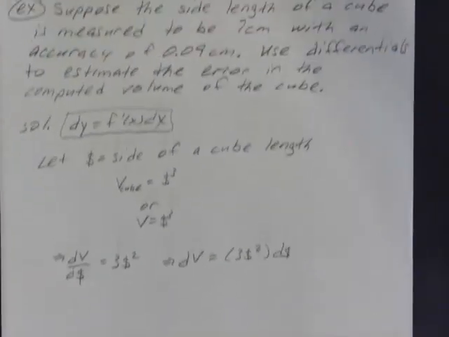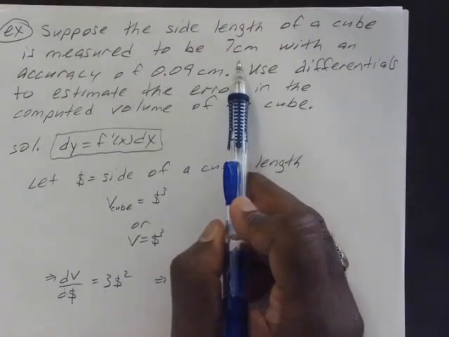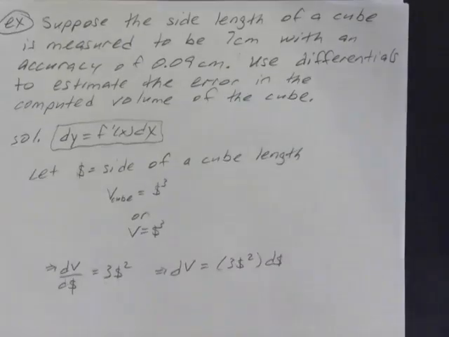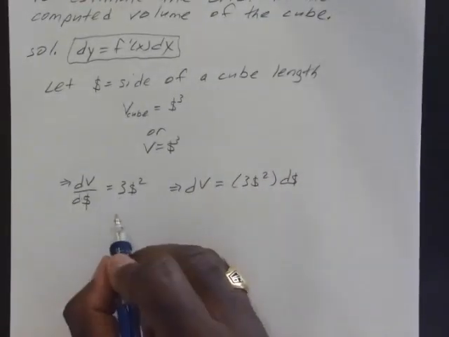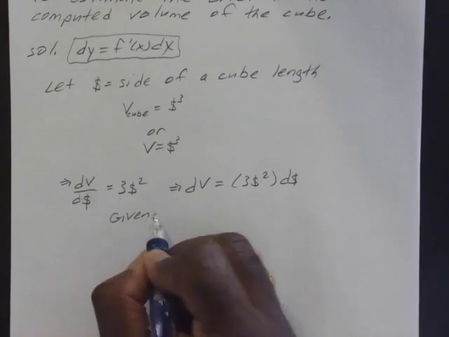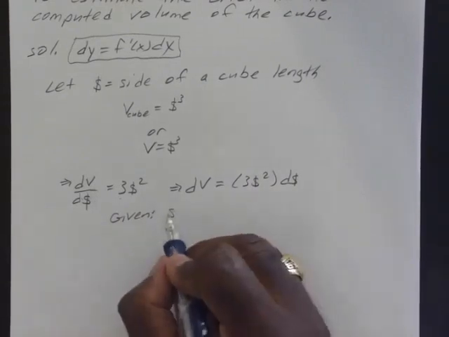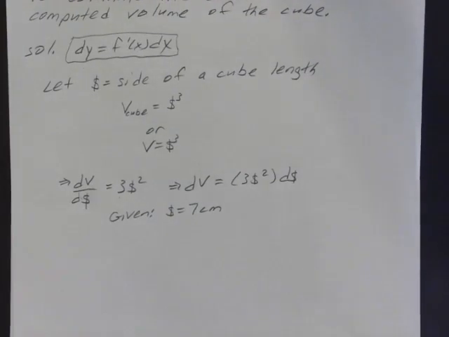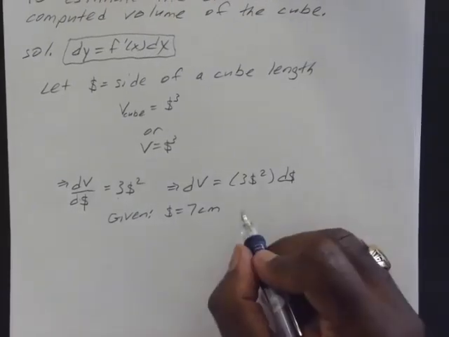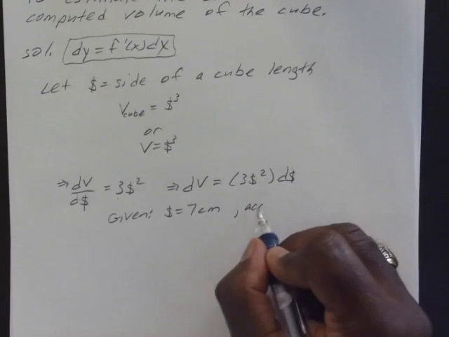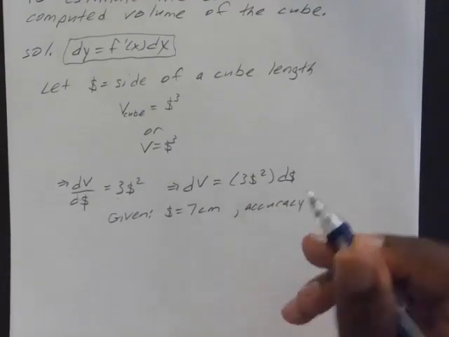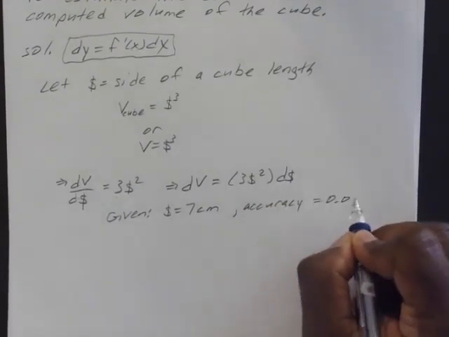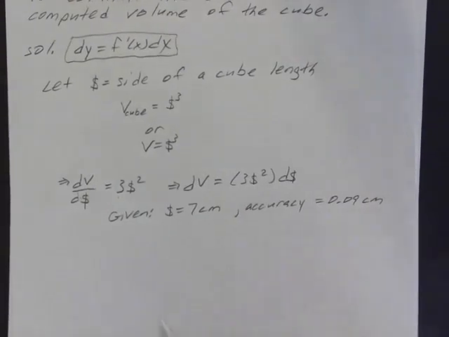Okay. So we know that the side length is 7 centimeters. Okay. And we know that the accuracy is 0.09 centimeters.